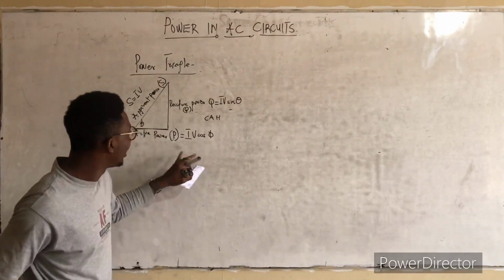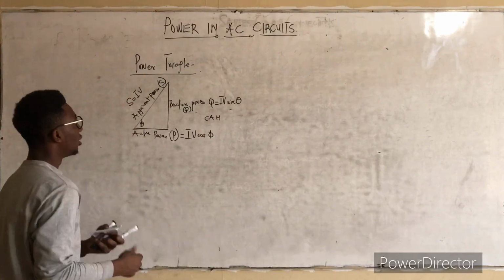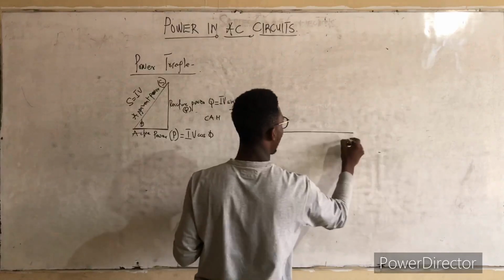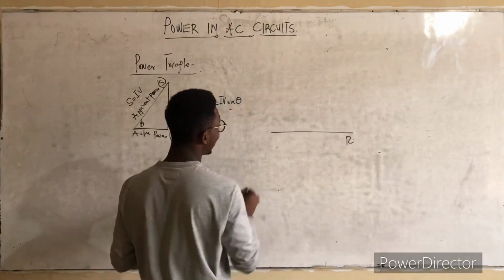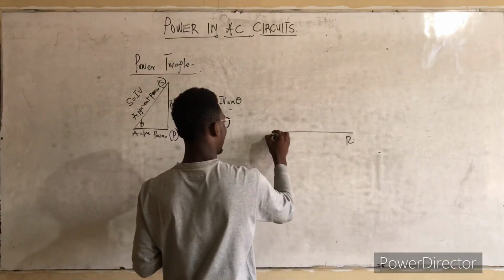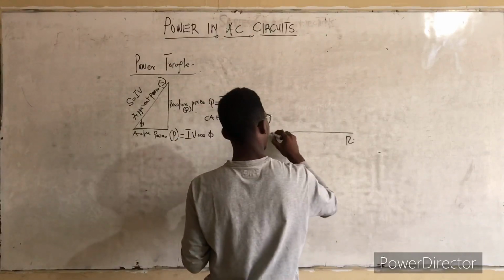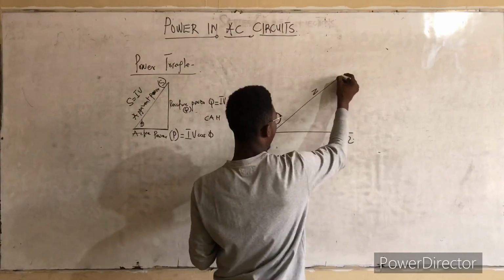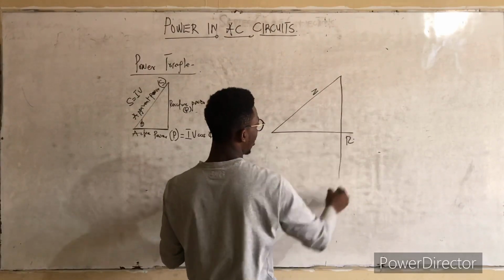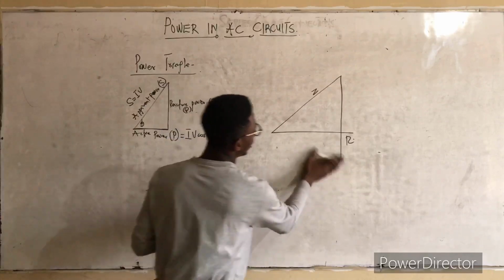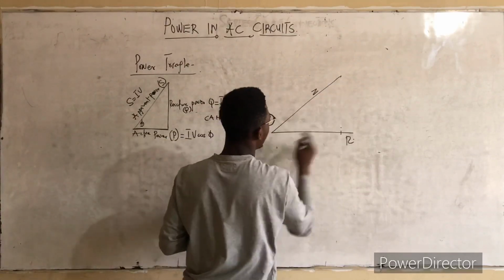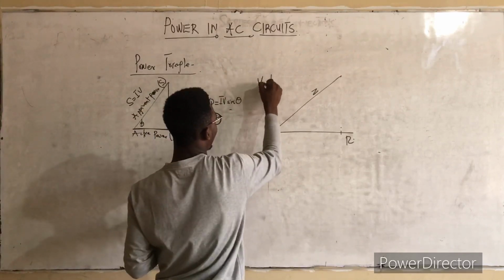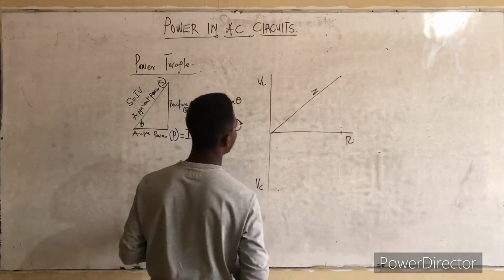Considering this as your graph, we know that we have our resistors which are in phase, and we have our impedance, that is the Z, and we have our inductor and our capacitor.